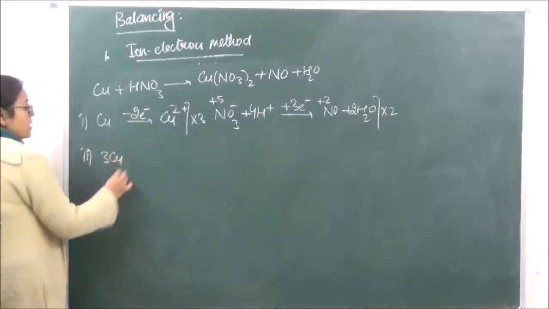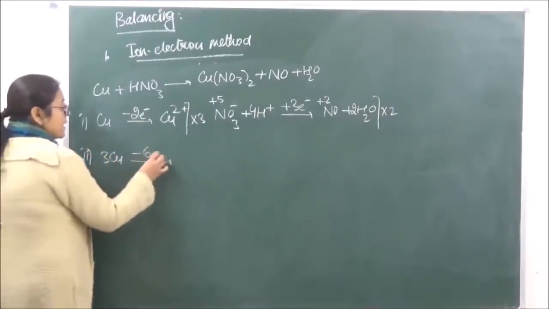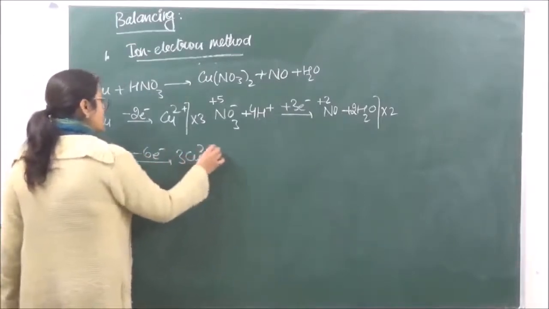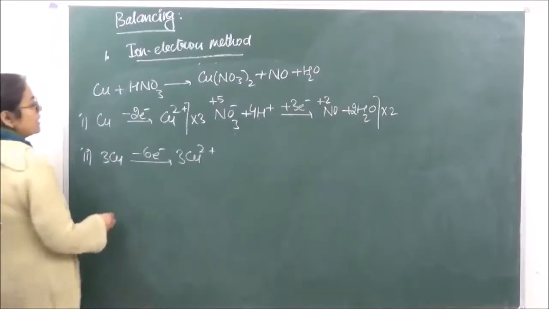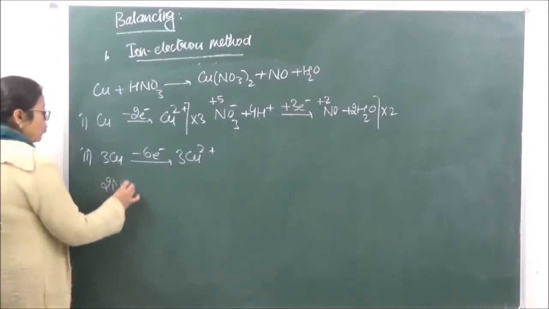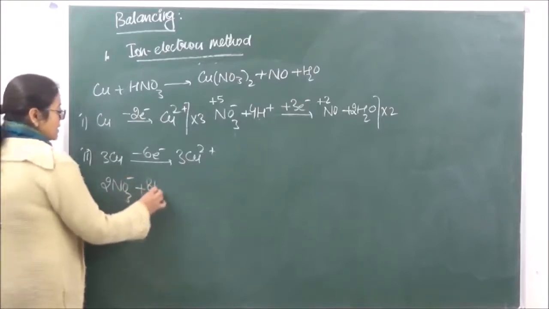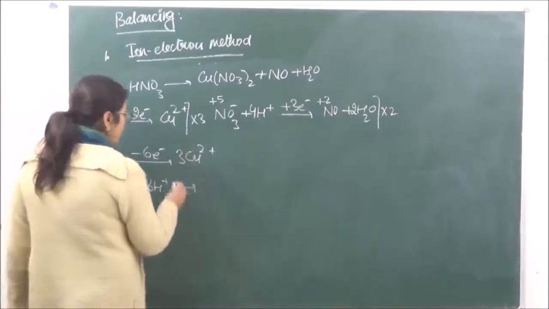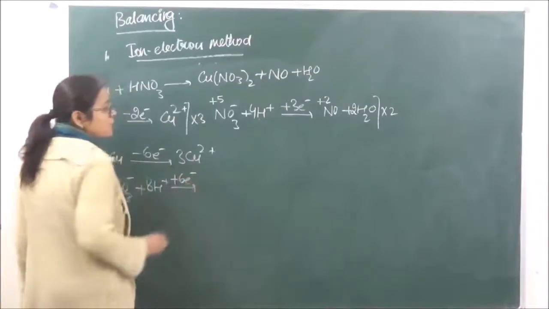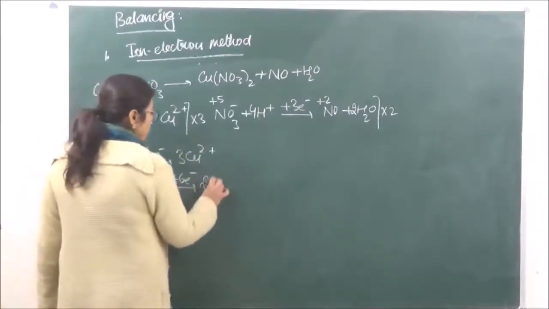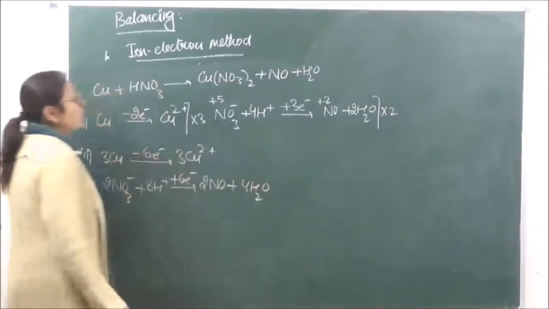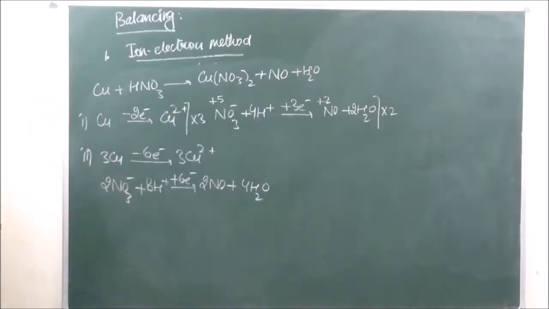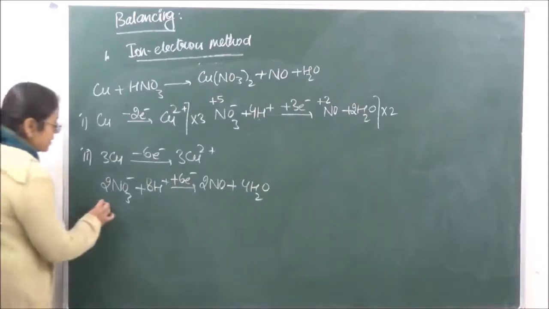So what are we going to get in the second step? We will get 3Cu minus 6 electrons to give us 3Cu2 positive. ठीक है, और उसको हम 2 के साथ मल्टीप्लाई कर रहे हैं, 2NO3 negative plus 8H positive plus 6 electrons to give us 2NO plus 4H2O. ठीक है, now adding both the reactions, what we are going to get over here?